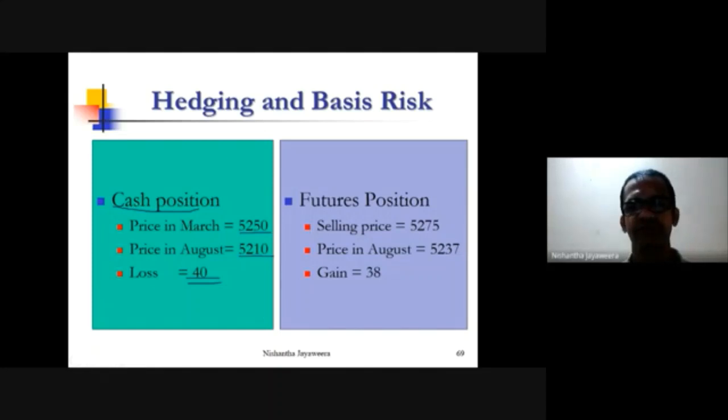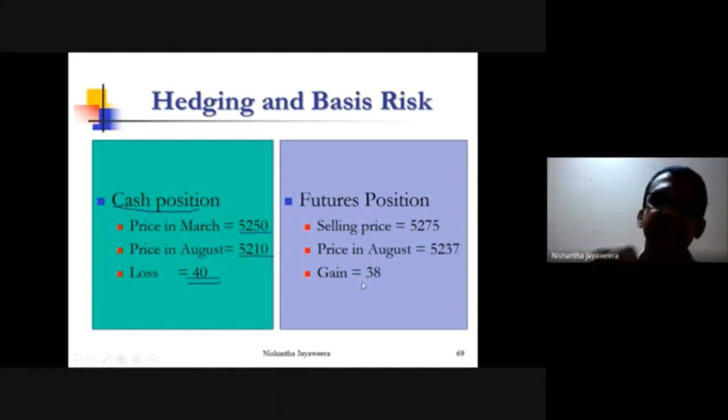So why do we get that -2? Because this is not a perfect hedge. If it was a perfect hedge, even this futures position should go down by 40 and give us a gain of 40. Because of that basis risk, it won't happen.